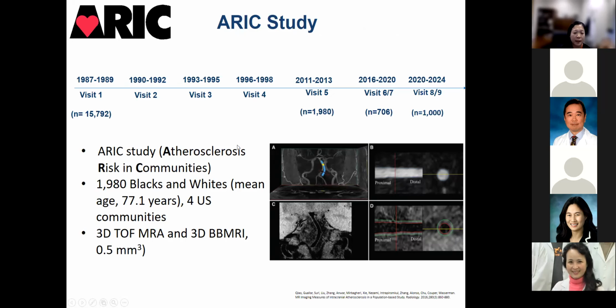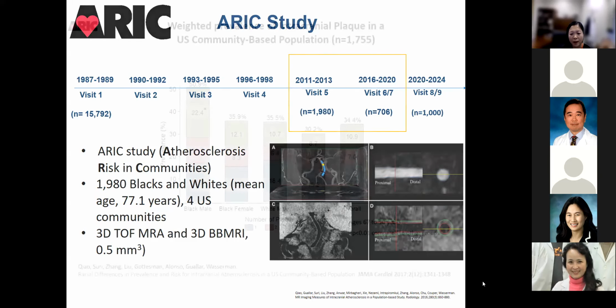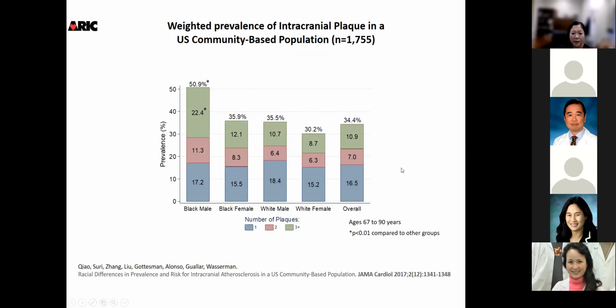Yeah, so we further did application in population studies. We applied this to the ARIC study, with around 1980 participants, and we reported prevalence. We found that for the late age, around 77, 34% of participants have plaques.